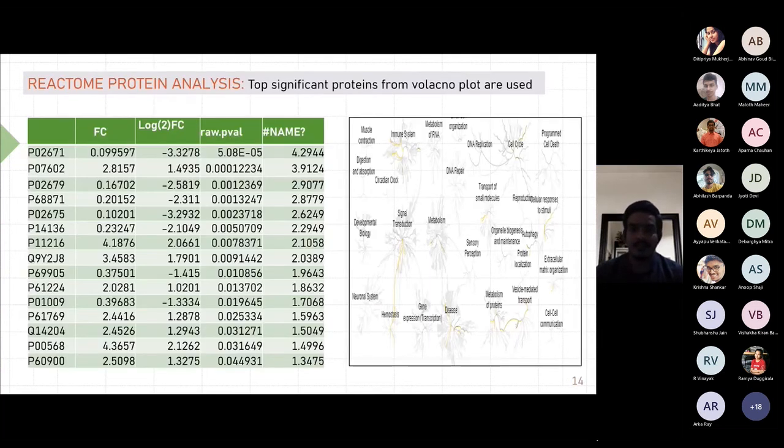Then we go through Reactome protein analysis. I took top significant proteins from volcano plot for this. These are the top significant proteins which I got in volcano plot. And it is clear that the set of differentially expressed proteins correspond to different pathways.